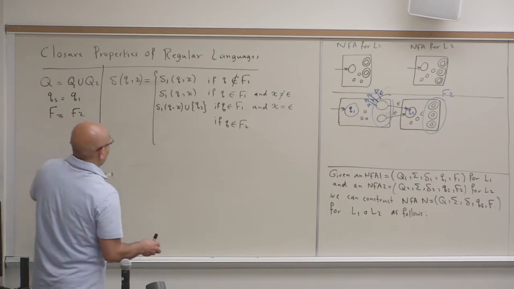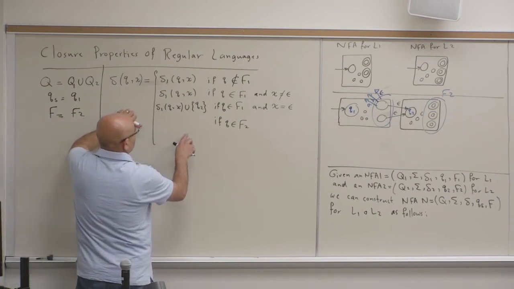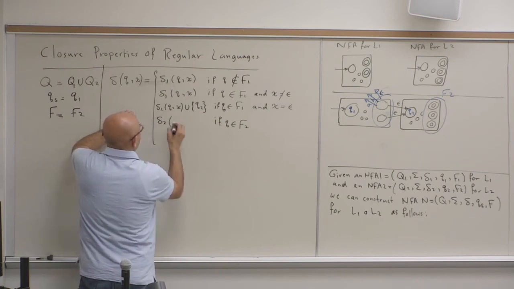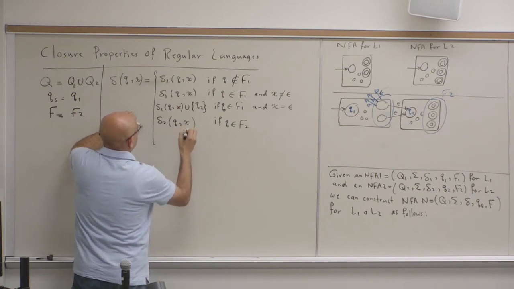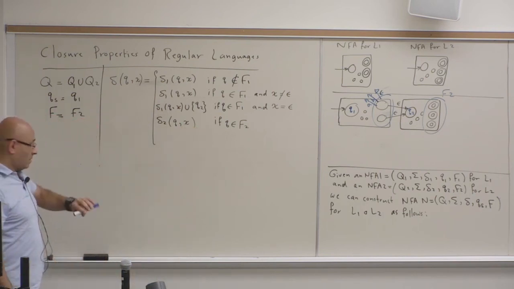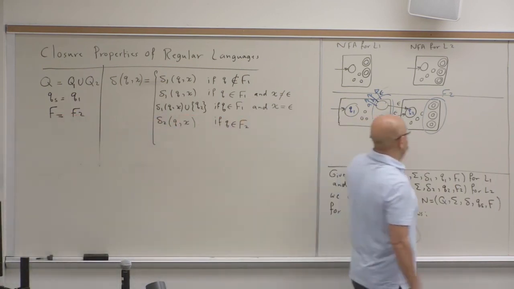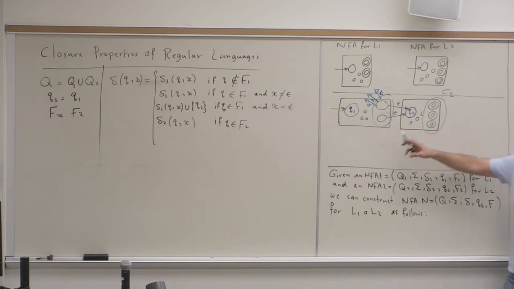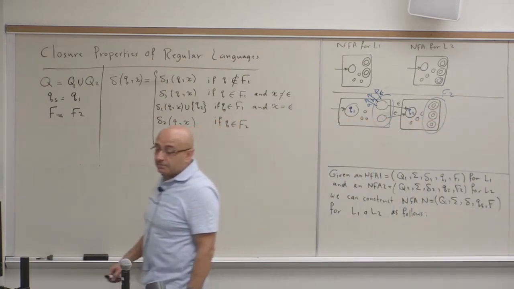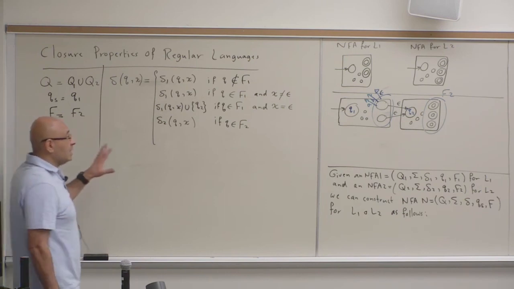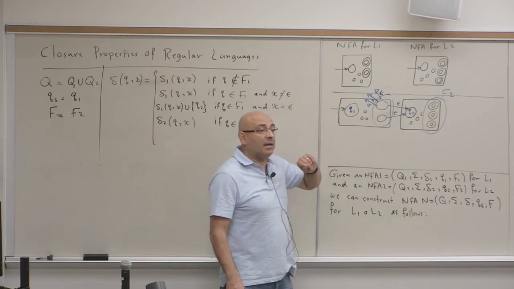So this is going to be delta 2 of Q and X. All right. So this is the mathematical abstraction. This is the graphical form. This is the mathematical abstraction. Any questions? Just think about the states. What transitions are we changing? What transitions are we adding?